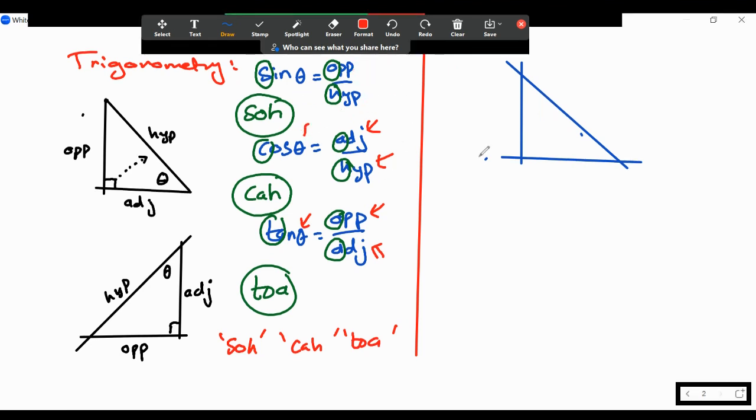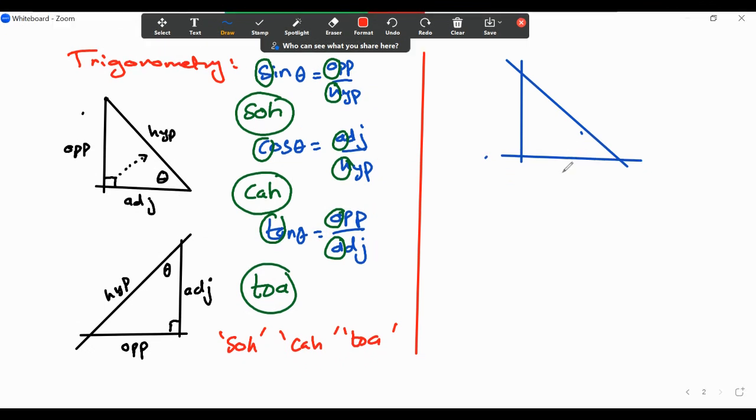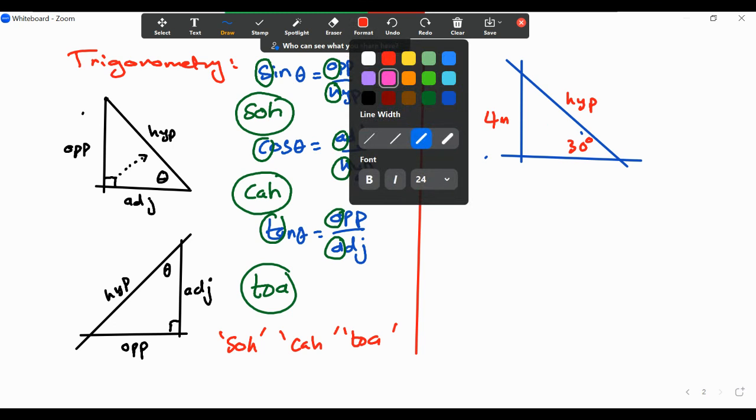In any given triangle, you can be given two sides and an angle, and that's all you need. Or two sides to find an angle, or an angle and a side to find another side. So let's suppose this angle over here is given as 30 degrees, and this side's length over here is given as 4 meters. And I'm asked to find the hypotenuse length.